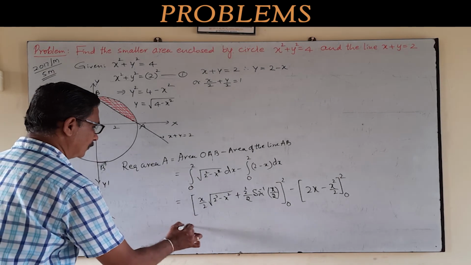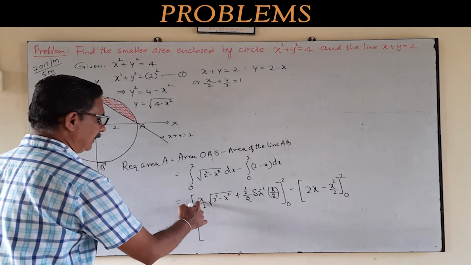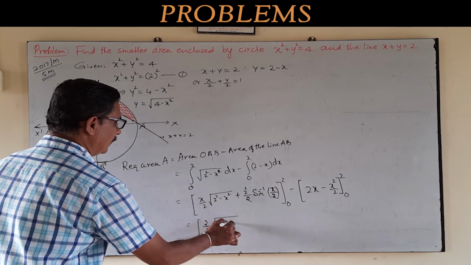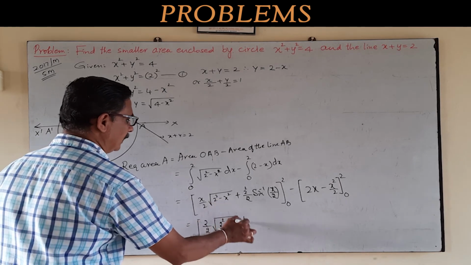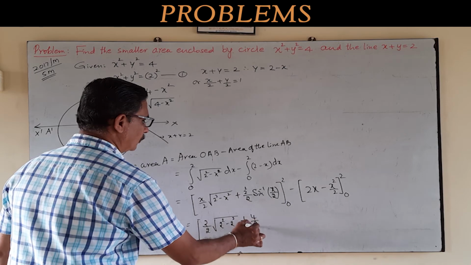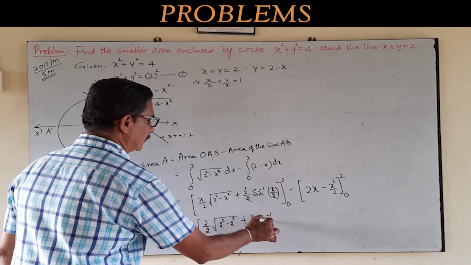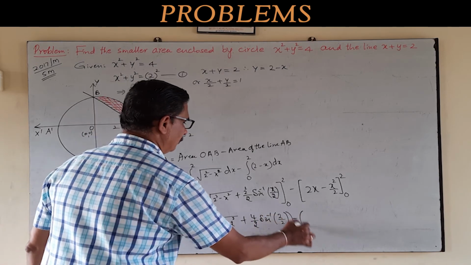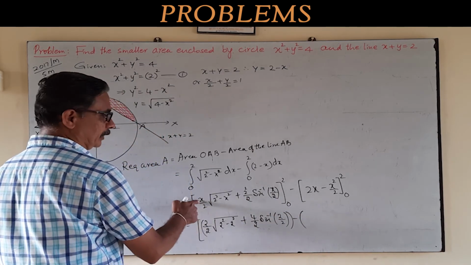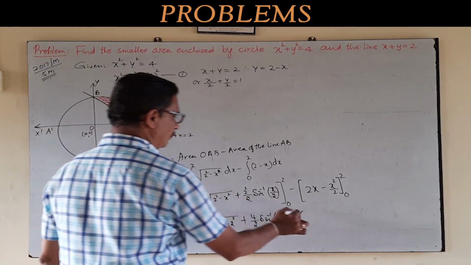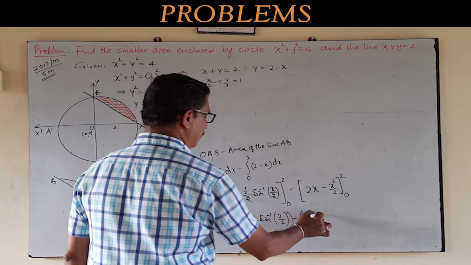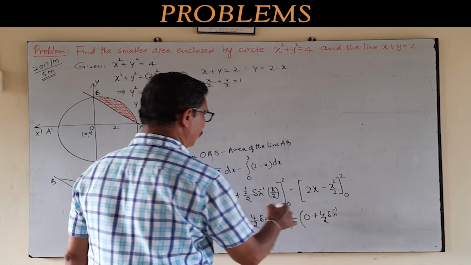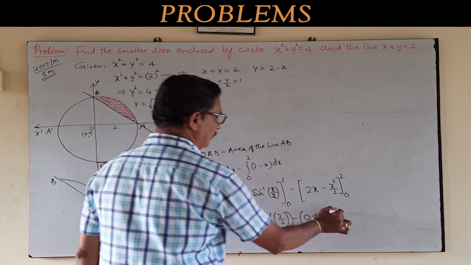Now that is equal to, put x equal to upper limit 2: 2 by 2 into root of 2 square minus 2 square, plus 2 square is 4 by 2 into sine inverse of x value 2 by 2. This is the upper limit. Minus the lower limit, put x equal to lower limit 0: 0 by 2 is 0, 0 into any number becomes 0, plus 4 by 2 sine inverse of 0 by 2 is 0.